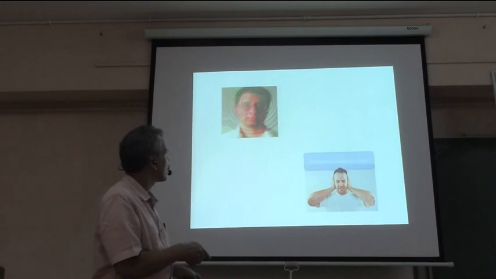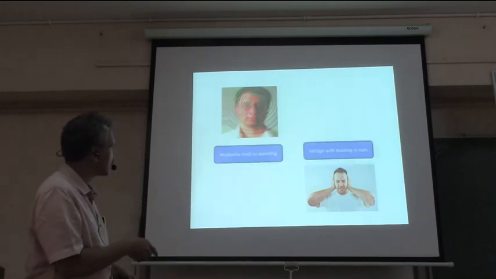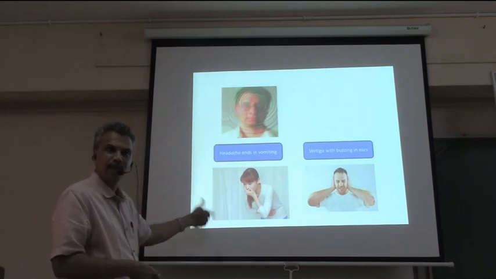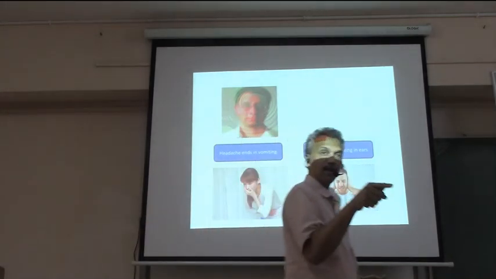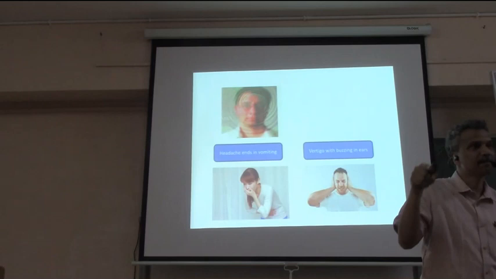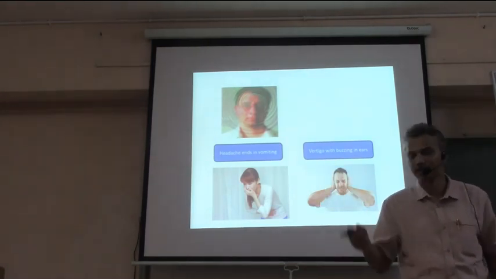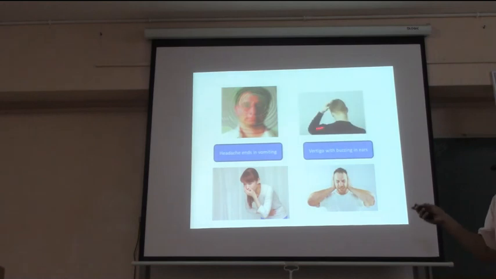So vertigo with buzzing in ears, noises in ears, and headache ends in vomiting. I told you Argentum can be a very good remedy for migraine, gastric headaches. So headache ends in vomiting.